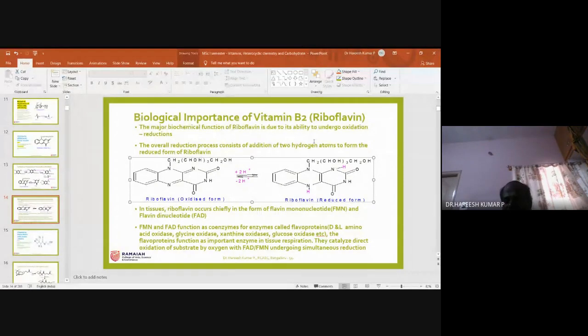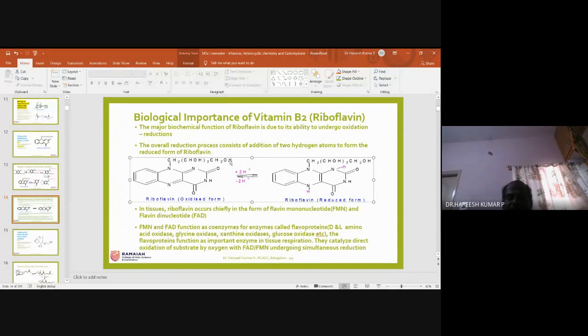So what is the difference between FMN and FAD? FAD is flavin adenine dinucleotide. I think you know that this is riboflavin. Suppose this hydroxy group is phosphorylated, then we call it FMN.